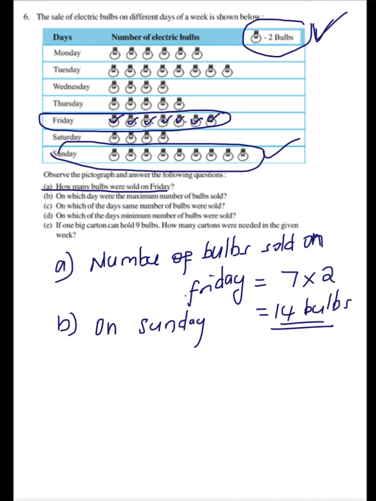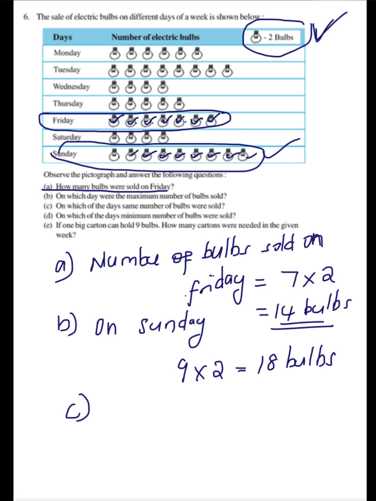You have to write it in a full sentence. Sunday, how many bulbs are sold? 1, 2, 3, 4, 5, 6, 7, 8, 9. So 9 into 2 equal to 18 bulbs are sold on Sunday. So that is the answer for B.